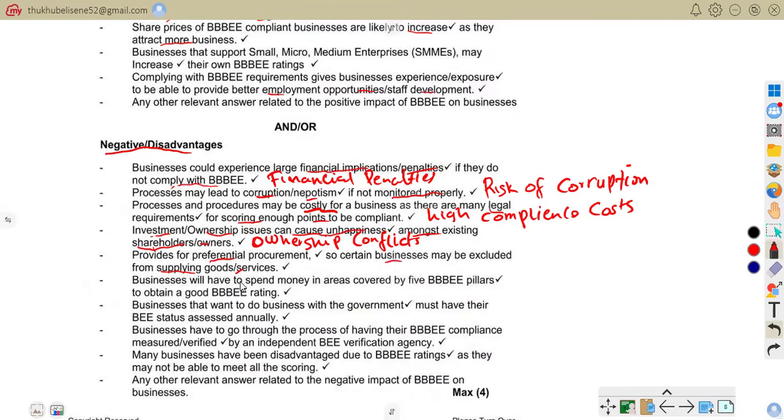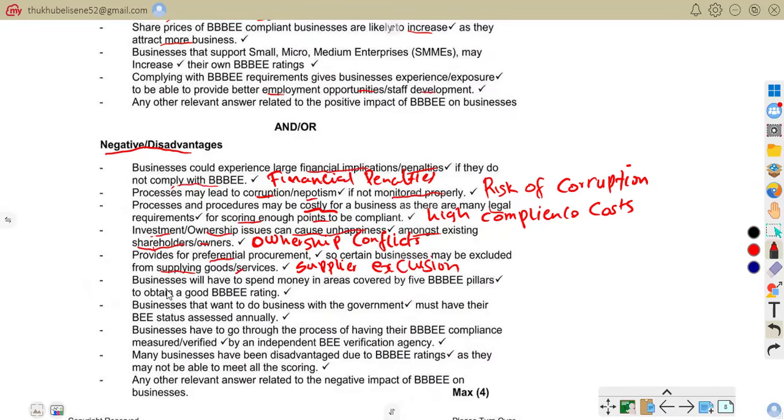So here we are talking about supplier exclusion. So it means suppliers may be excluded, for example, low-rated suppliers losing contracts.